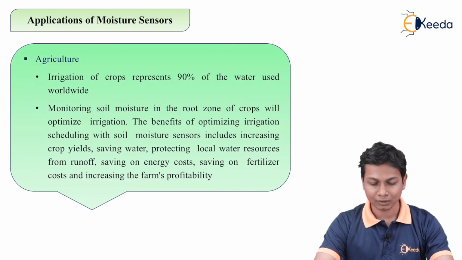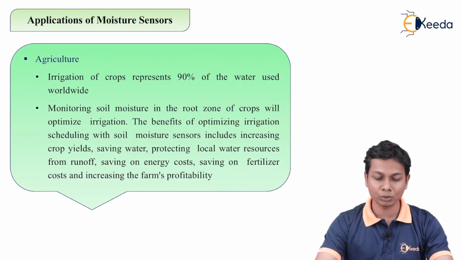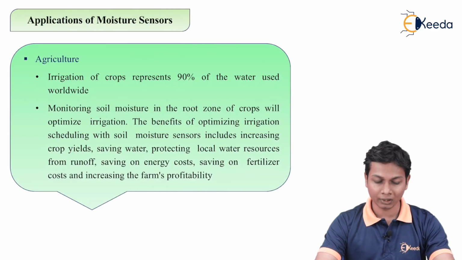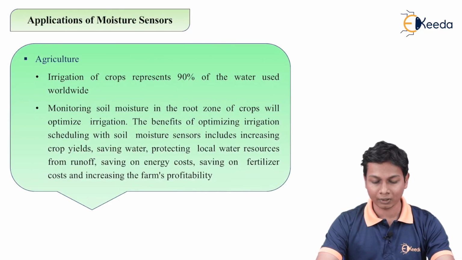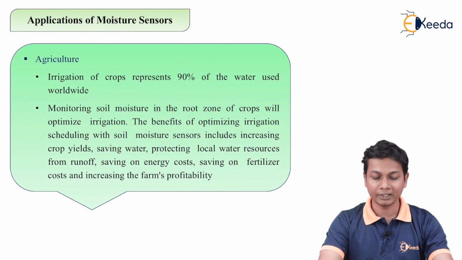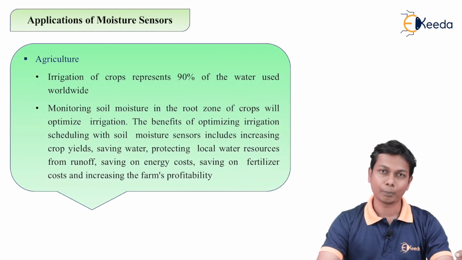The benefits of optimizing irrigation with soil moisture sensors include increasing crop yields, saving water, protecting local water resources, saving energy cost, saving fertilizer cost, with the result of increasing the farm's profitability.